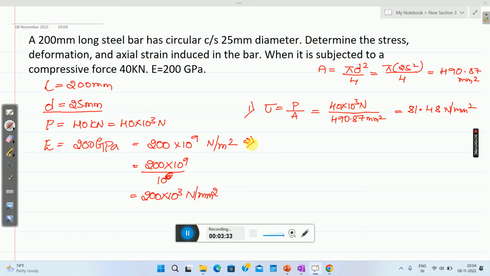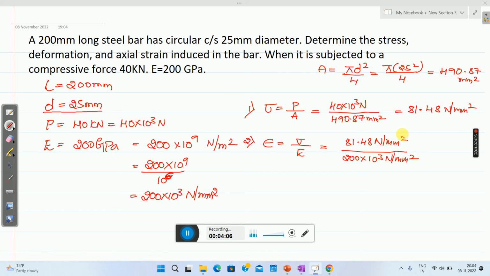Next, let me determine the strain. So strain epsilon equals stress divided by Young's modulus. So stress 81.48 Newton per millimeter square. So here the Young's modulus is 200 into 10 raised to 3 Newton per millimeter square.